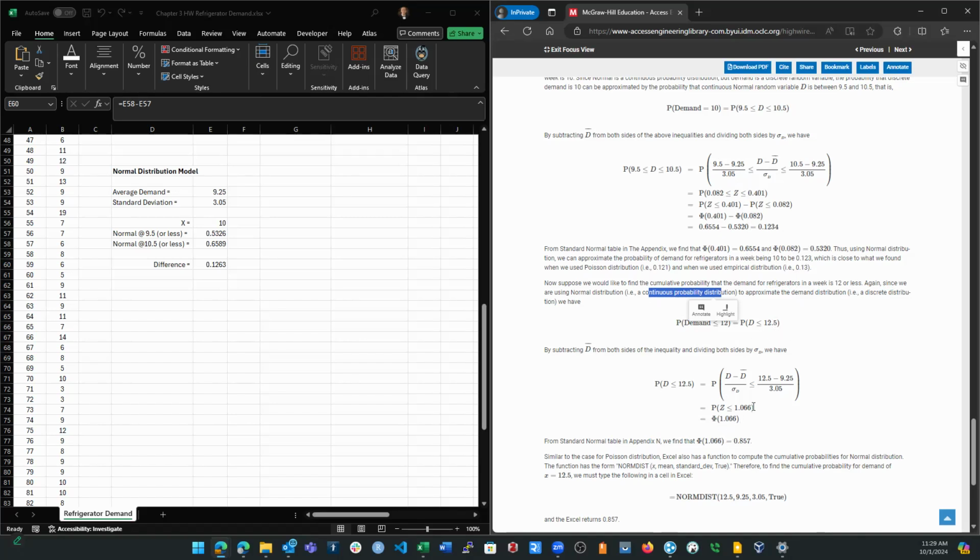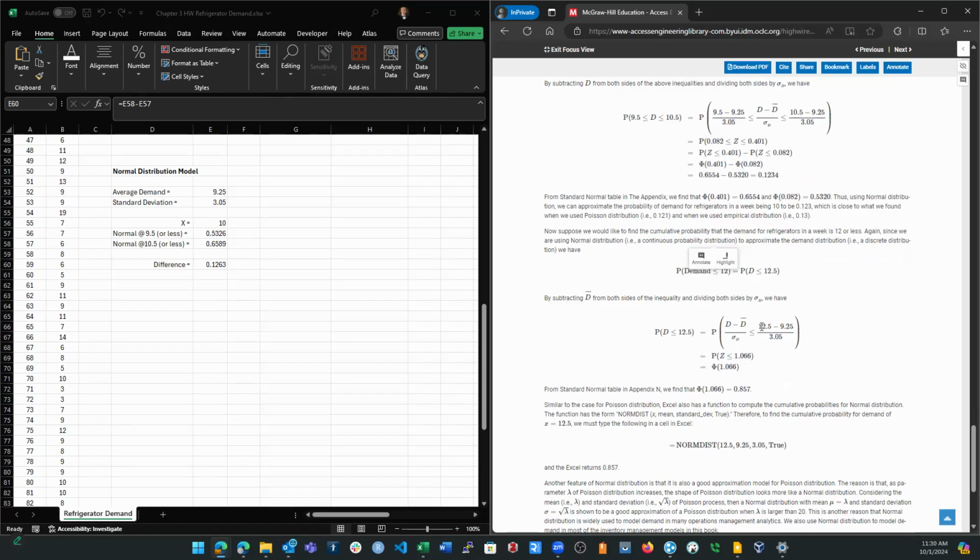So when we actually perform the calculation, the x that we're going to use inside of the norm distribution function in Excel is going to be 12 plus 0.5. That 0.5 is going to account for this continuity correction. It's accounting for this normal distribution as a continuous probability distribution.